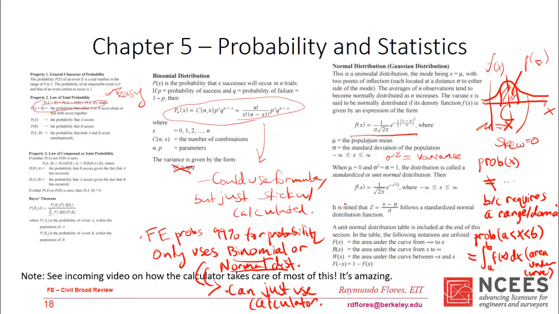Now, this is actually kind of important. If you're not going to use a calculator, the normal distribution problems are going to be a pain in the you-know-what, because you have to realize that you have to transform it to normalize, in other words, to get a z-score. And the z-score is just very strange.